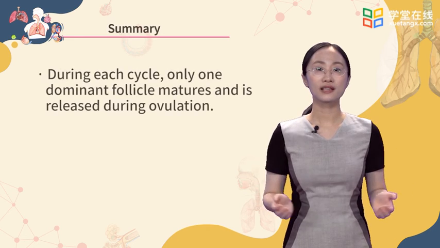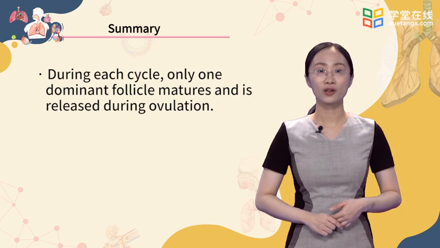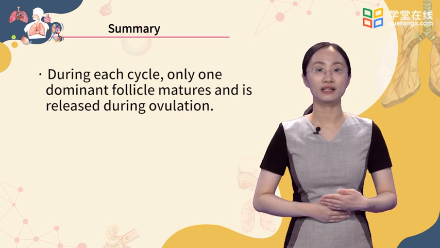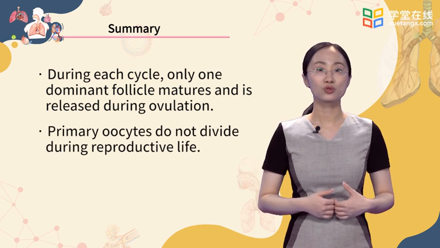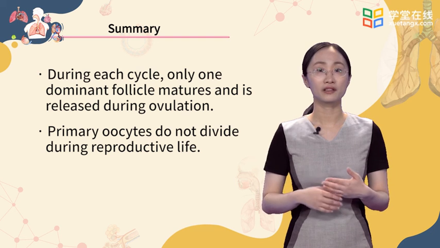Finally, let's summarize our lesson today. Follicles are divided into stages as primordial follicles, primary follicles, secondary follicles, and tertiary follicles. During each cycle, only one dominant follicle matures and ovulates. Primary oocytes do not divide during reproductive life.